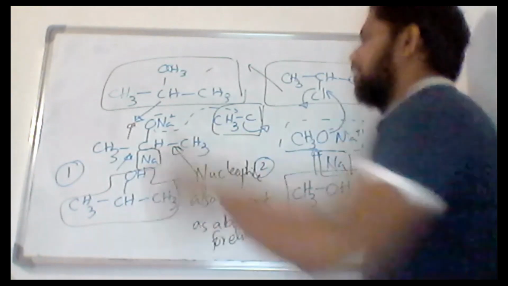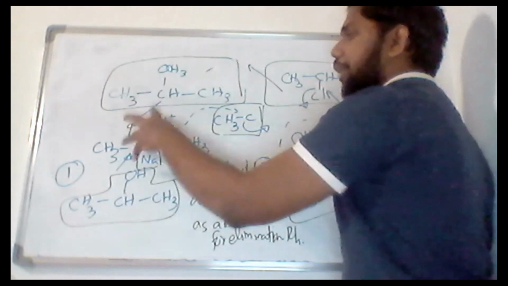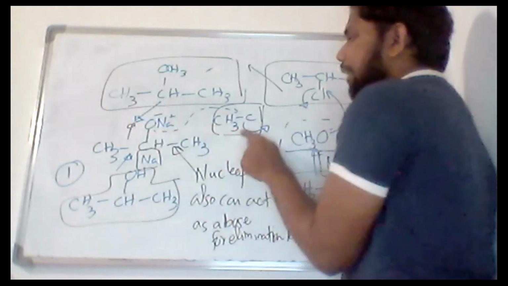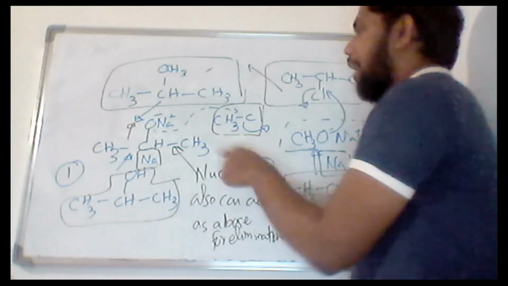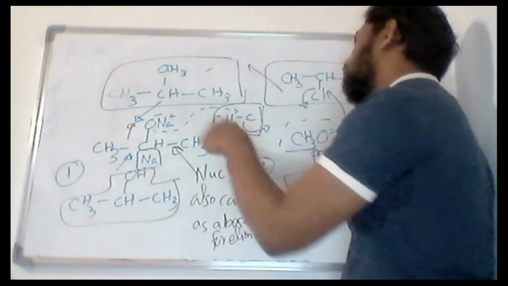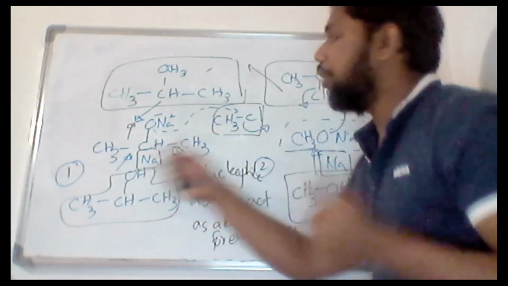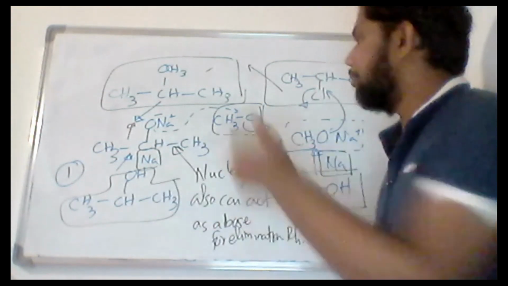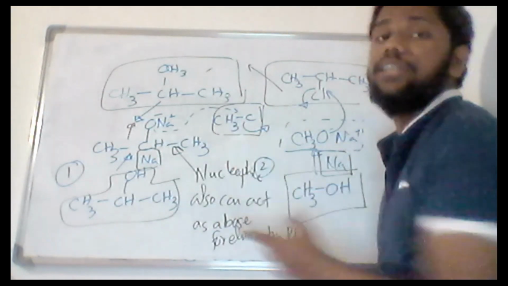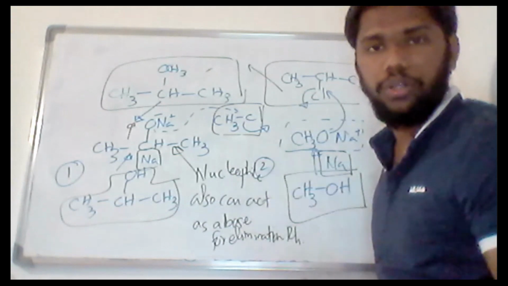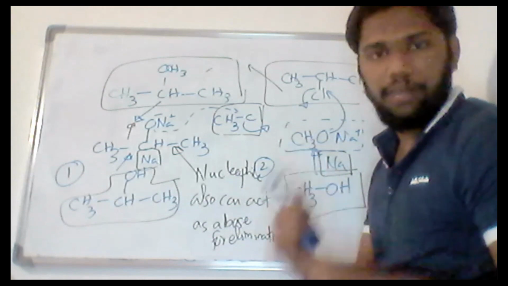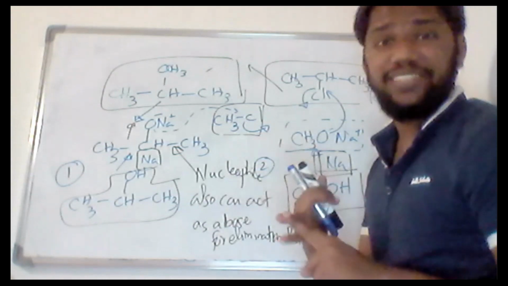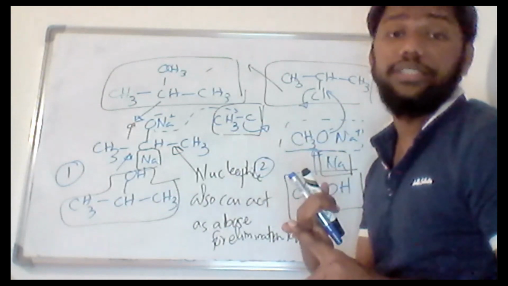So this nucleophile, you can see, will attack this CH3Cl directly, and here if this nucleophile acts as a base, it should attack this hydrogen. That is the general rule. A nucleophile will attack the carbon, a base will attack terminal hydrogen.